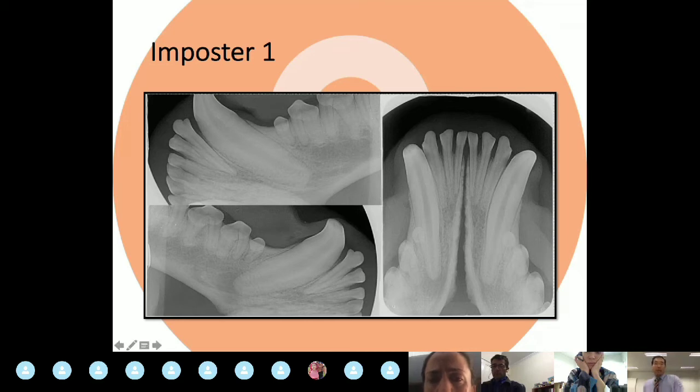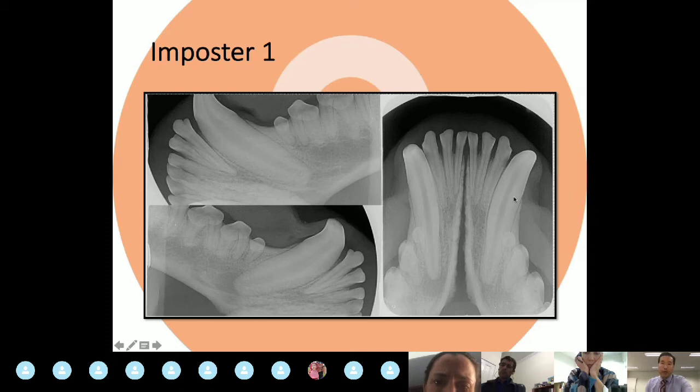So there are a couple of things that can mimic periapical lucencies. On the top left here, I apologize for not orienting you more carefully initially. On the top left of the screen, we actually have the left mandibular canine. On the bottom left, we have the right mandibular canine, which is the one with the true periapical lucency. And on the right, we have an occlusal view.